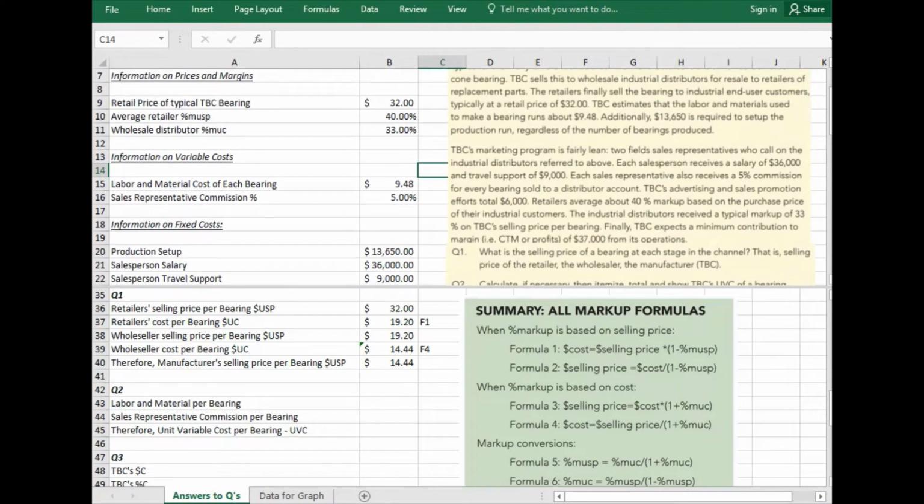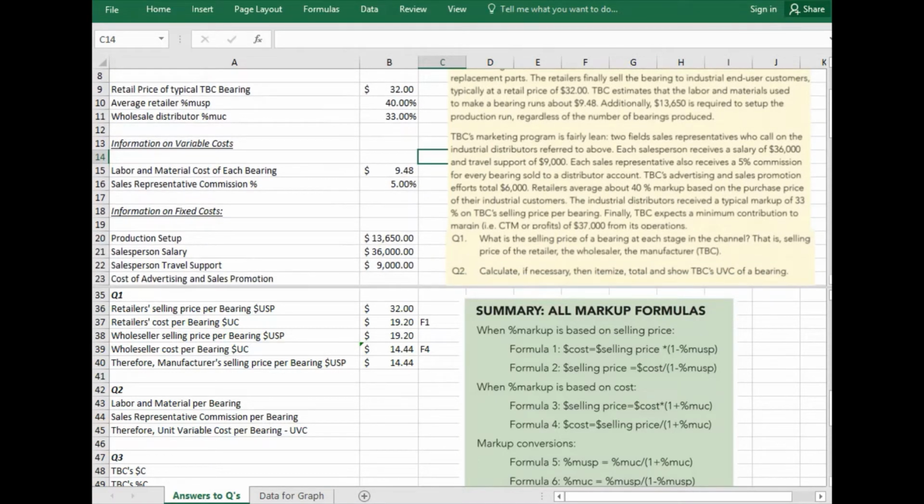Q2 says, calculate if necessary, then itemize the unit variable cost. Okay, so we have to figure out what all of our variable costs are here. Well, the first thing we know is we have labor and material cost per bearing. So let's go capture that because it does say itemize. So I need to list this again under question 2.